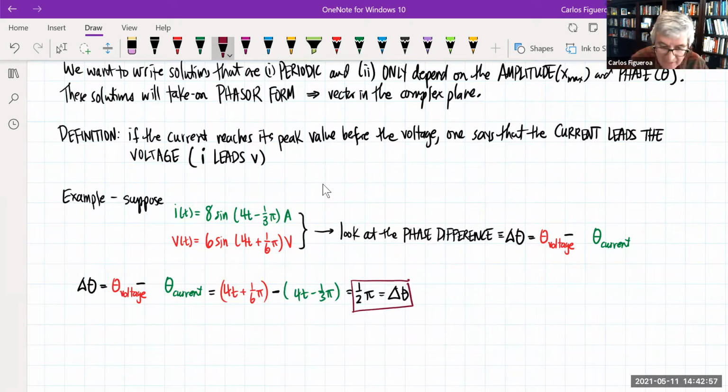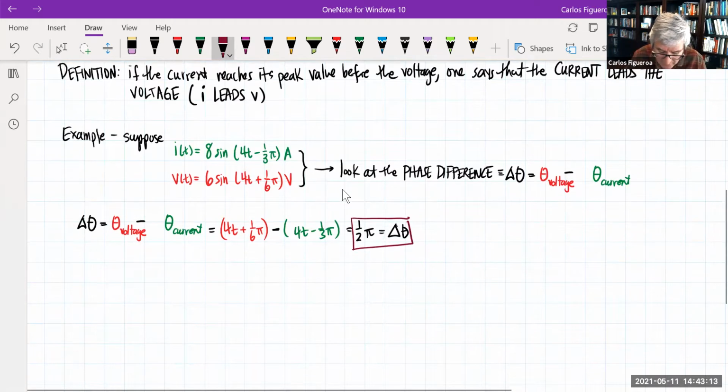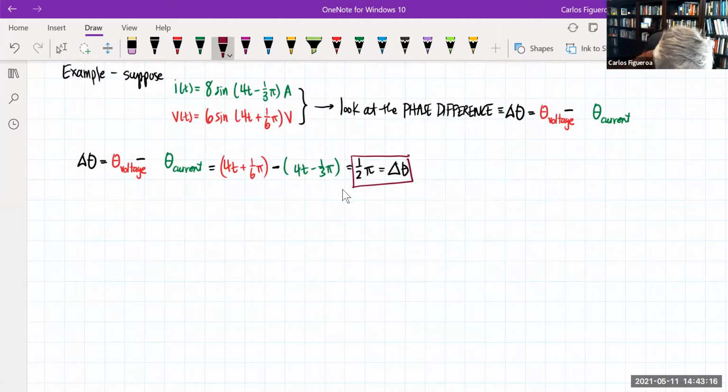So what does that tell me when I have a phase difference here? If I look at this picture, what does it really say? Let me draw a nice good picture here. Let's say that this is where I'm going to set my 0. So this is theta equal to 0.